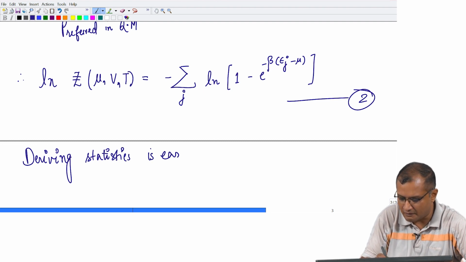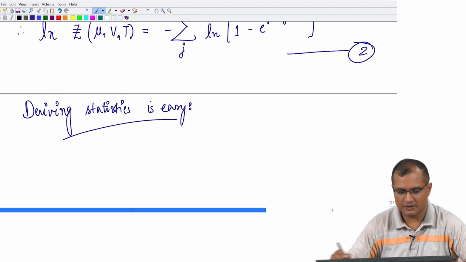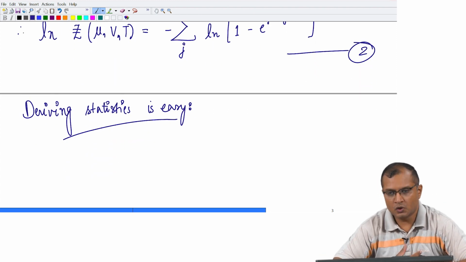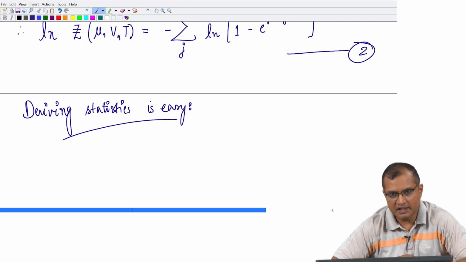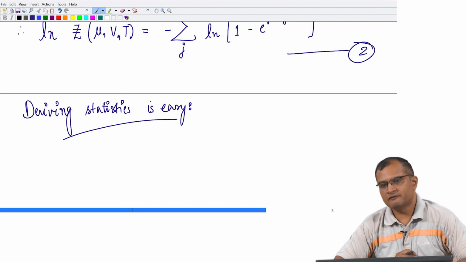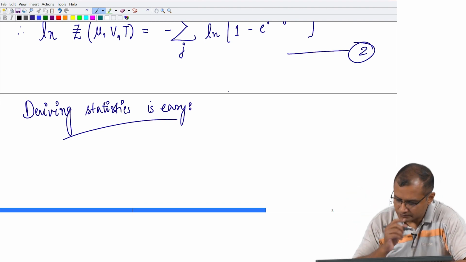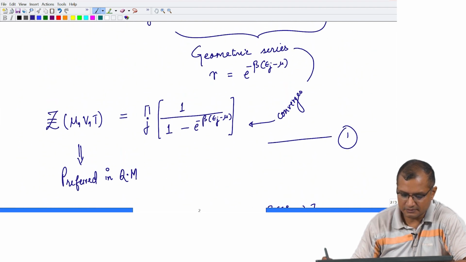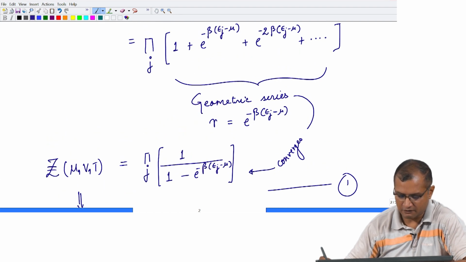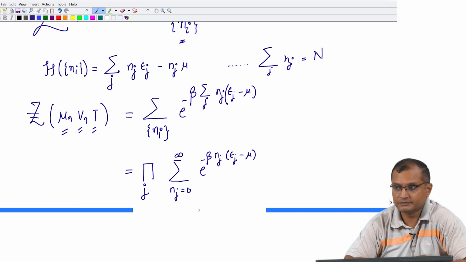Since you have followed the lectures in the first 2 chapters, you know how to compute the average of any quantity if you know the distribution function in the corresponding ensemble. I know that my partition function is represented here. Either you can take expression 1 or you can take the first expression here.